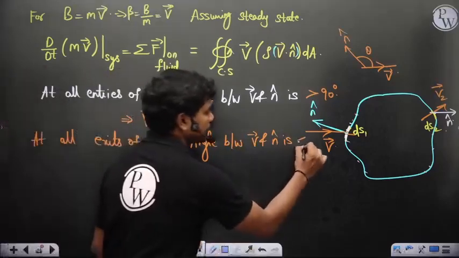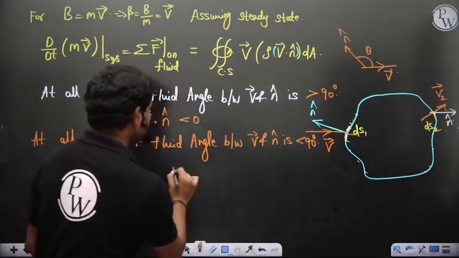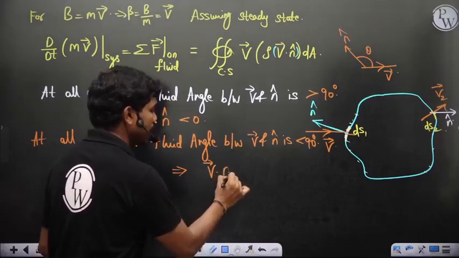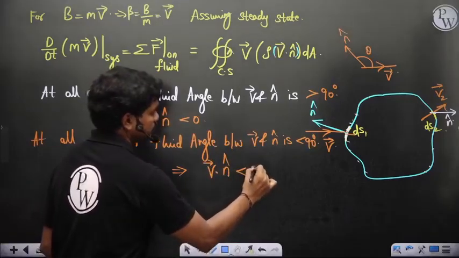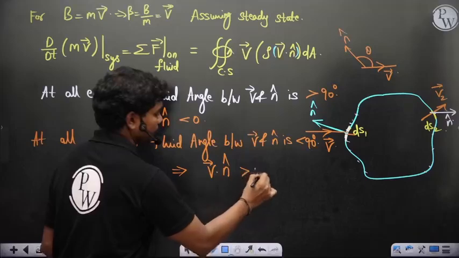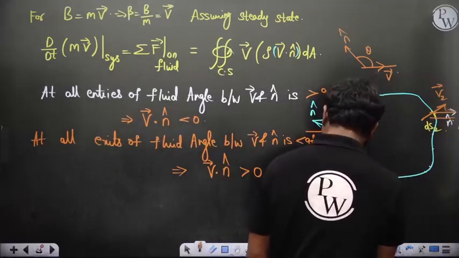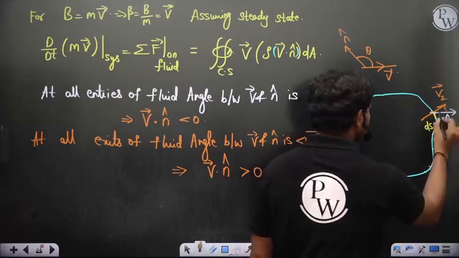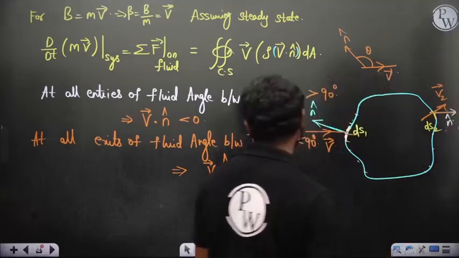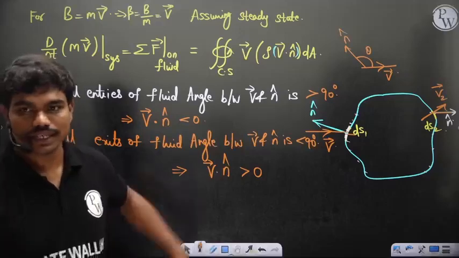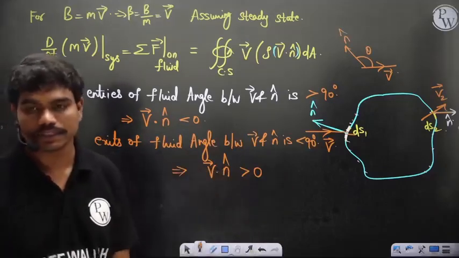This is less than 90. If this is less than 90, this implies V dot N is positive, correct? क्योंकि यहां देखिए, if this is N and if this is V, ultimately the angle between them is less than 90, so it is positive, correct? It's less than 90, so the V dot product is positive.